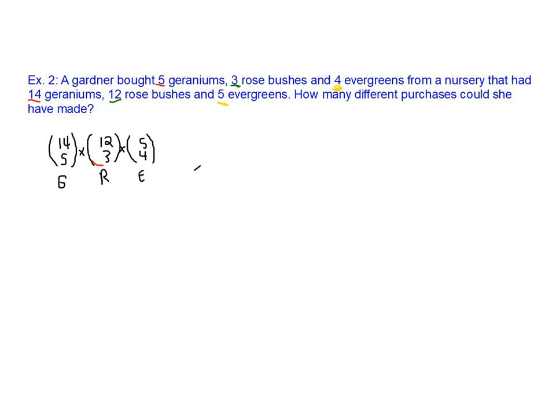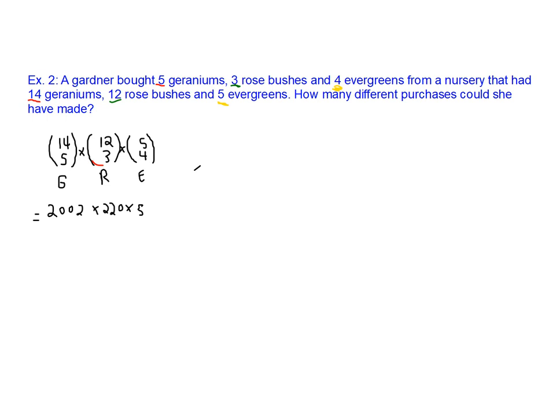So then we do the calculation. I'm just going to go to the calculator. 14 choose 5 is 2002. 12 choose 3 is 220, and 5 choose 4 is just 5.